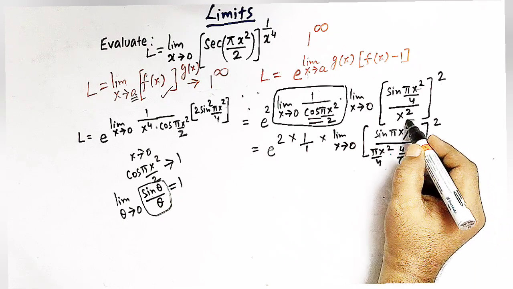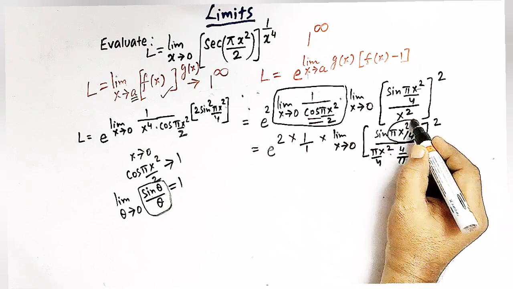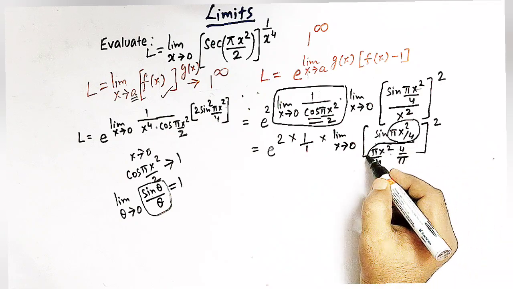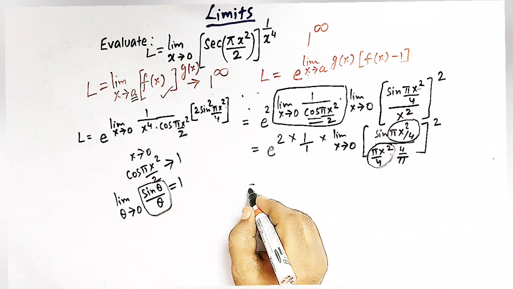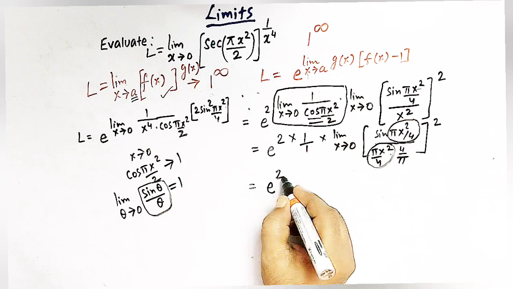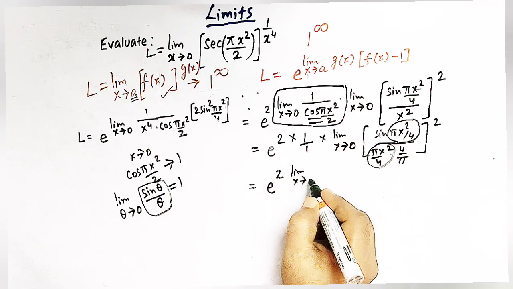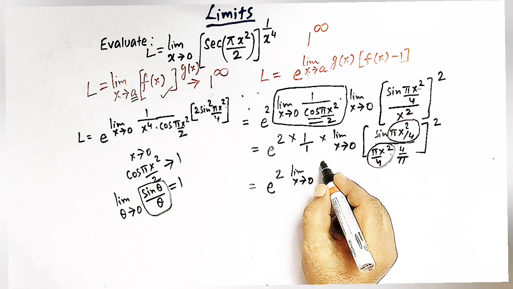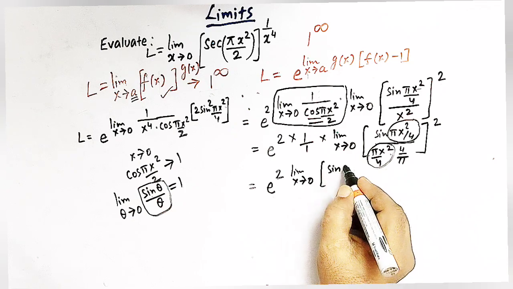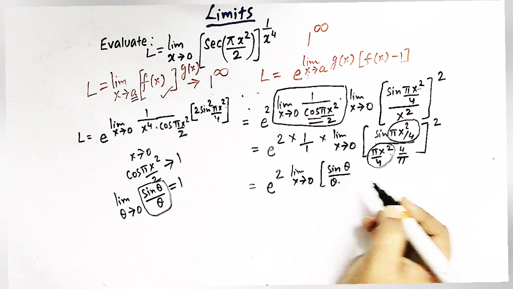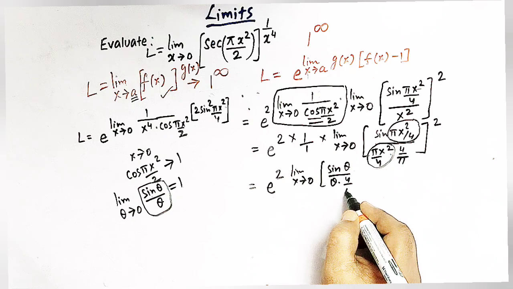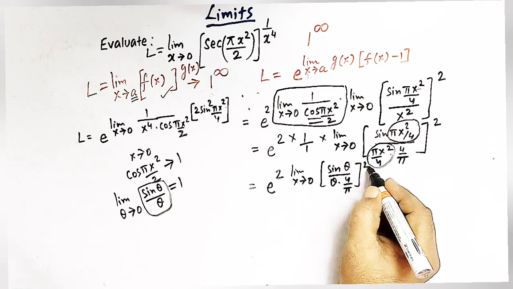So now if we take this term, that is pi x square over 4, as theta, we can now write e square. Here we have 2, and then we have limit x tends to 0, and here we have sine theta over theta, and here we have 4 over pi, and this is square.